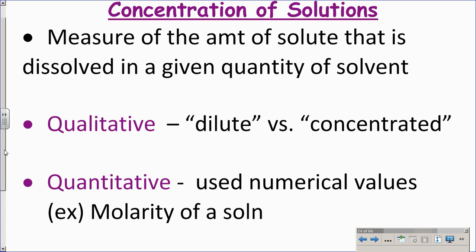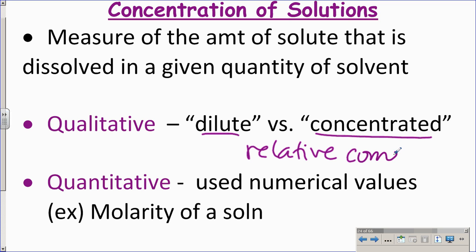If it's a lot of solute in the solvent, it's fairly concentrated. There's a lot of stuff there. If there's a little bit of solute in the solvent, it's fairly dilute. There's not a lot of stuff there. So that's basically our relative comparison. Dilute versus concentrated is only a relative comparison.